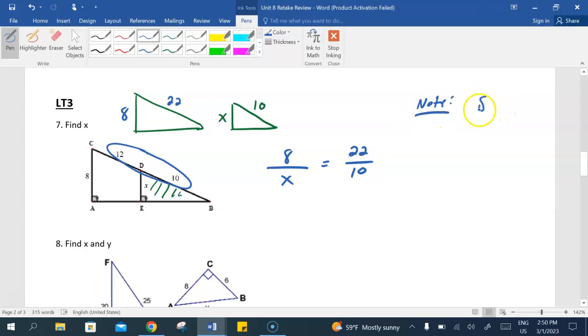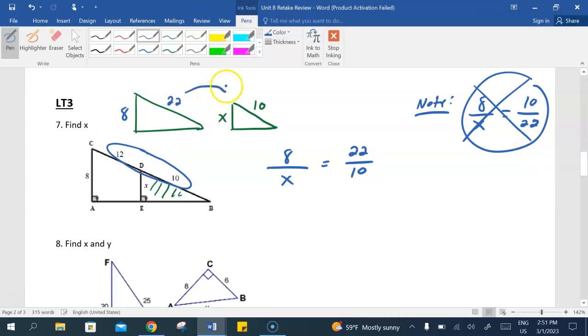I'm going to do a side note. 8 over x equal to 10 over 22 is not going to work. 8 over x has to be equal to 22 over 10 because I went from left to right. So if I start with the 8, which is on the left side, which is on the bigger triangle, I have to start with the bigger triangle in my second fraction.